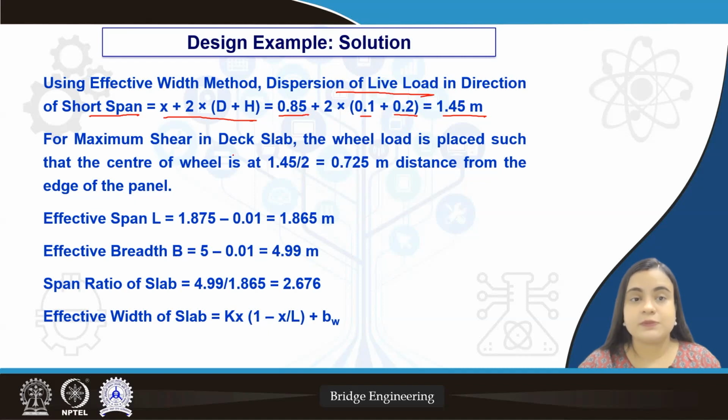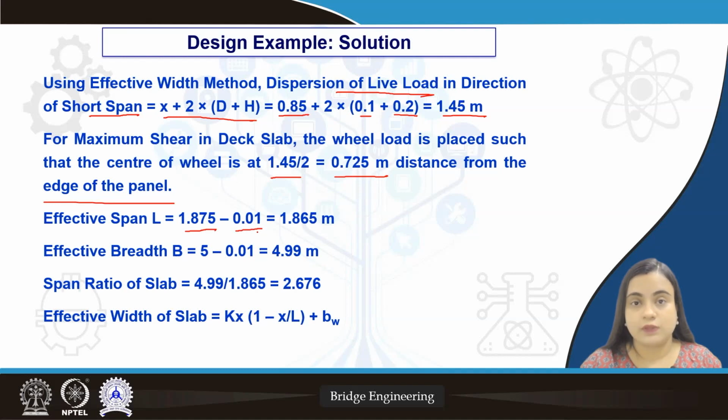Now, for maximum shear in the deck slab, the wheel load is required to be placed such that the center of the wheel is at 1.45 divided by 2 equals 0.725 meter apart from the edge of the panel. Now, effective span for shear force calculation L will be 1.875 minus 0.01.